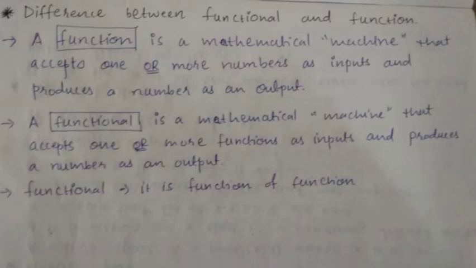So the major difference between function and functional is in the inputs. A function accepts numbers or alphabets, but a functional accepts as an input one or more functions. So what is a functional? Functional is a function of function.